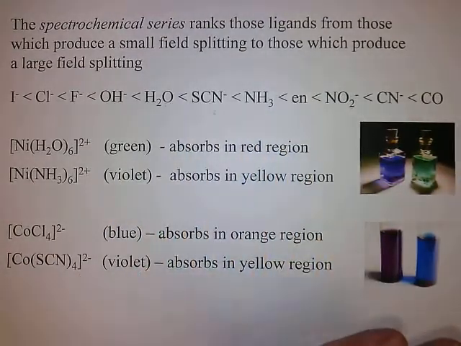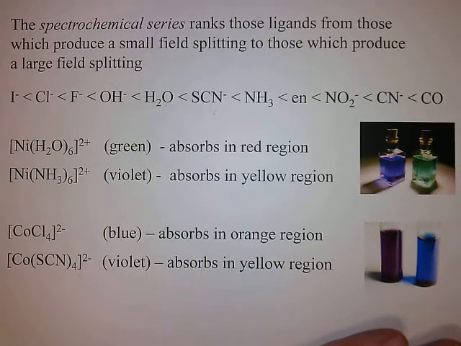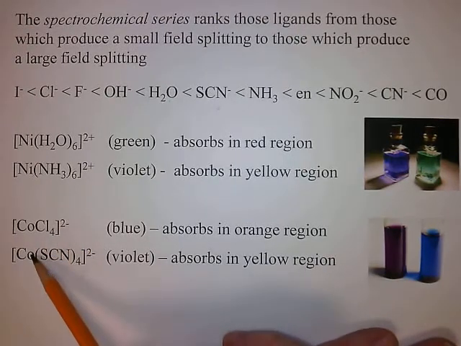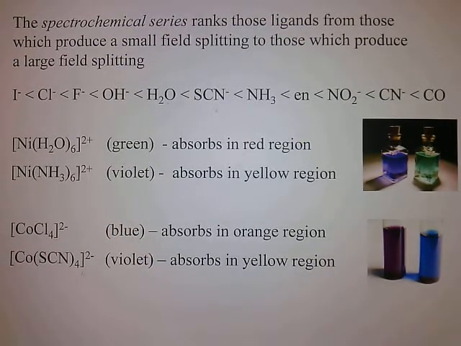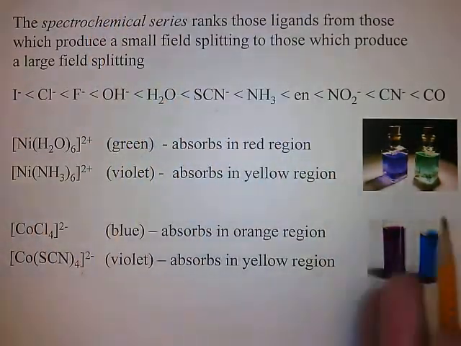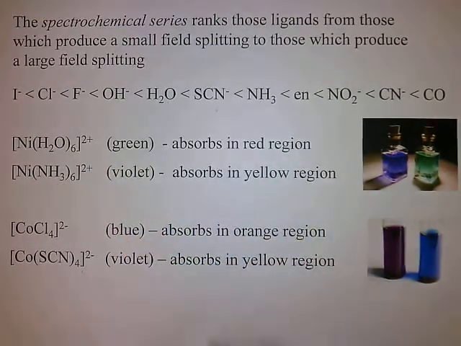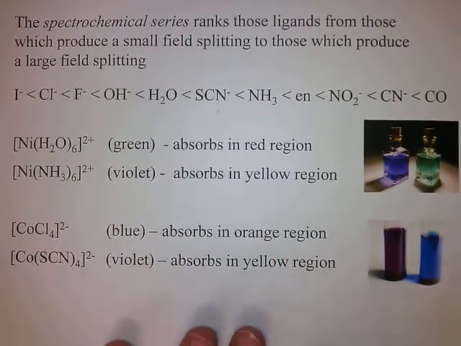We can only compare apples to apples: the same metal with the same number of ligands and the same oxidation state. Same thing here. Both of these are cobalt 2 compounds, both are tetrahedral, and both have 2- charges. Remember that as science goes, you can only change one variable at a time. Here, the only variable we're changing is the type of ligand. The metal's the same, the charge is the same, the number of ligands is the same.